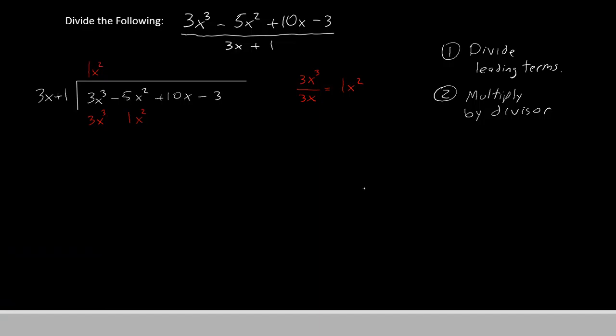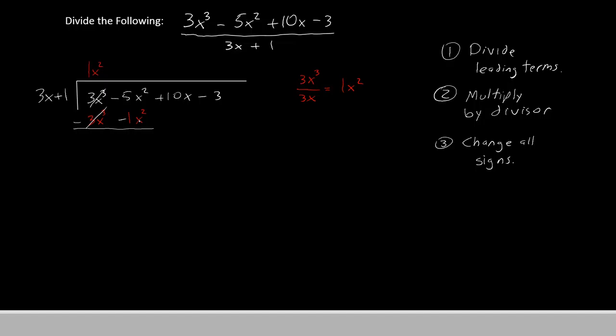Now on to the third step. Our third step is to change all the signs of what we just found. So the 3x to the third becomes negative, and the 1x squared becomes negative. And now we just do the operations here. 3x to the third minus 3x to the third cancels them both out.